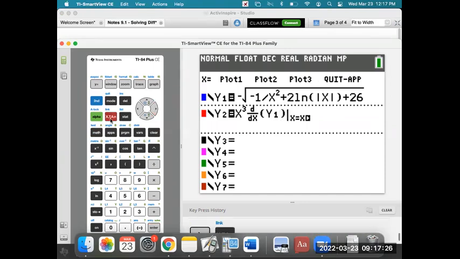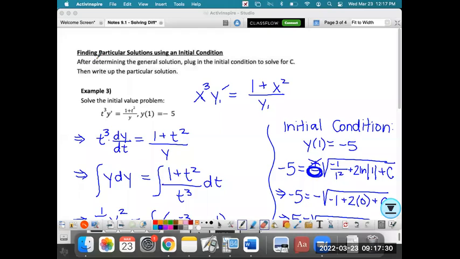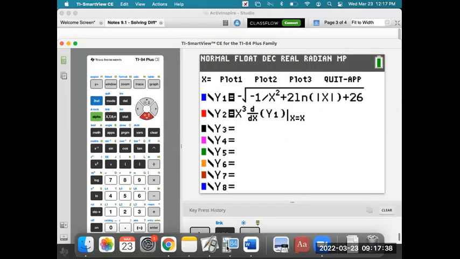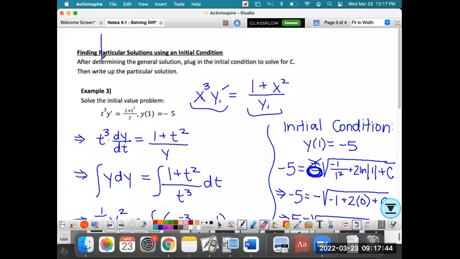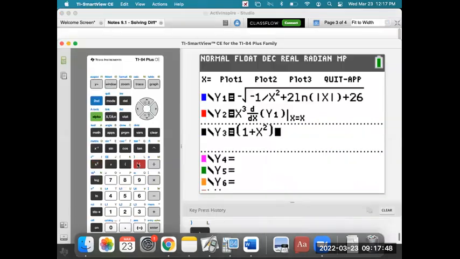We have an x equals x. That way it's actually graphing the function. And then in line 3, so long as the solution is actually correct, we should get the same output expression from both the left side and the right side. Oh, x squared. Yep. Divided by y1.